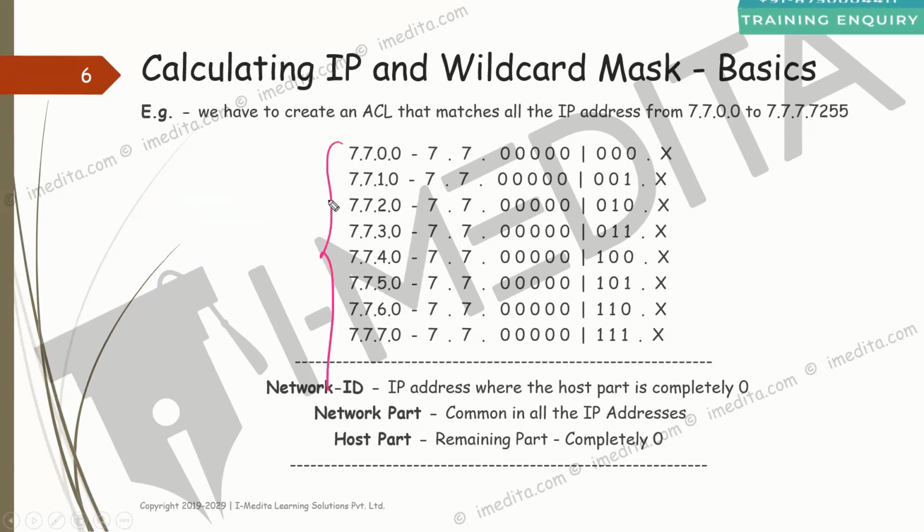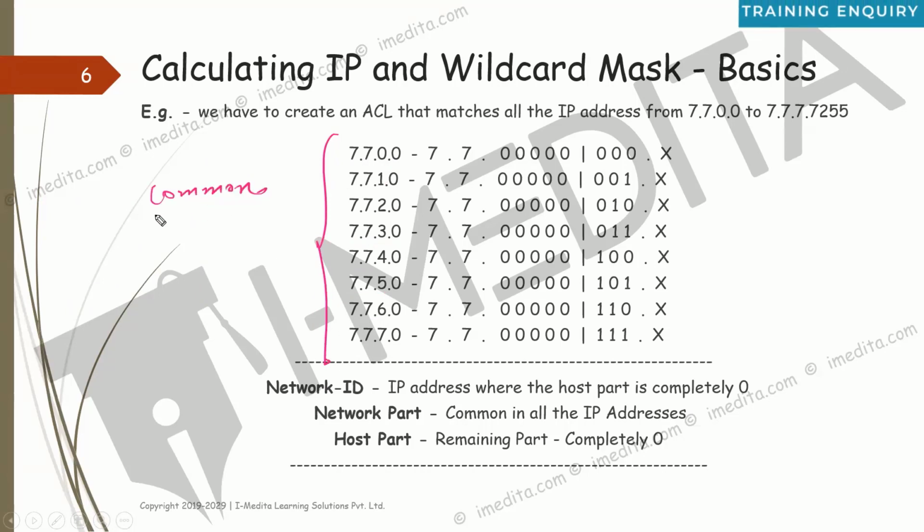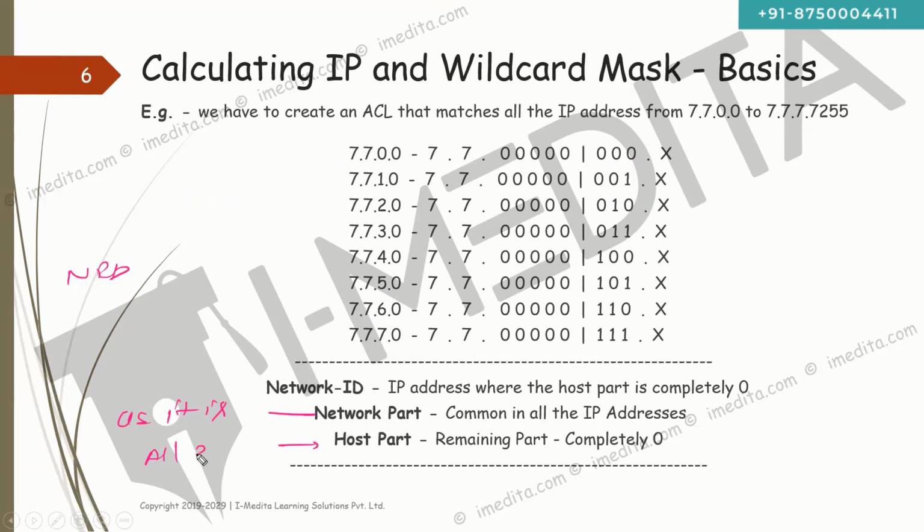Whatever number of bits are common in all these prefixes, we have to consider that part as the network part, and the remaining part that is changing, we need to consider as the host part. And to write down the network ID, we write down the network part as it is, and the host part we put all 0.